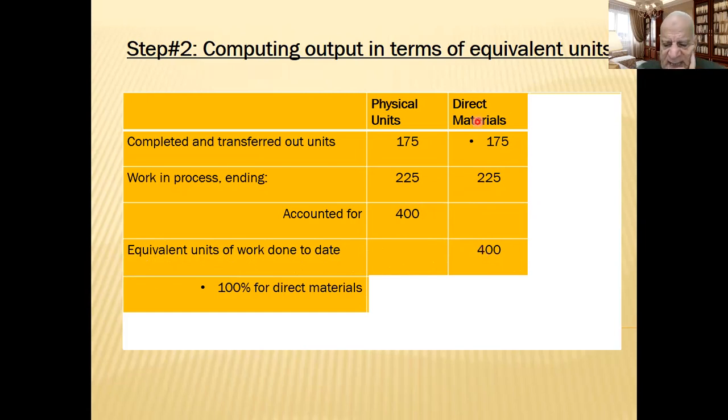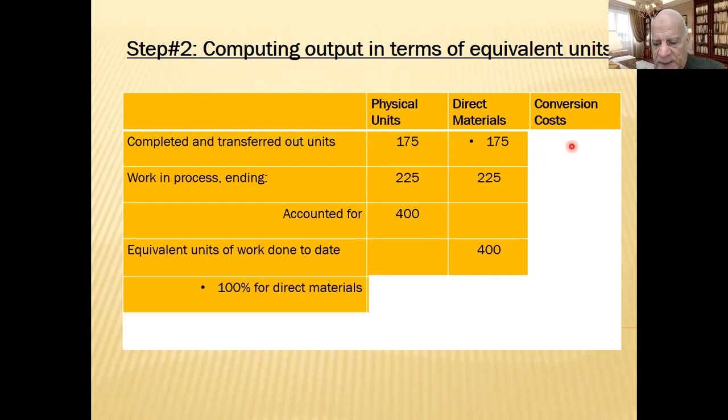But let us now see what about the conversion costs, which includes direct labor and overhead. As for the completed units, they are 100% for all of the cost items.